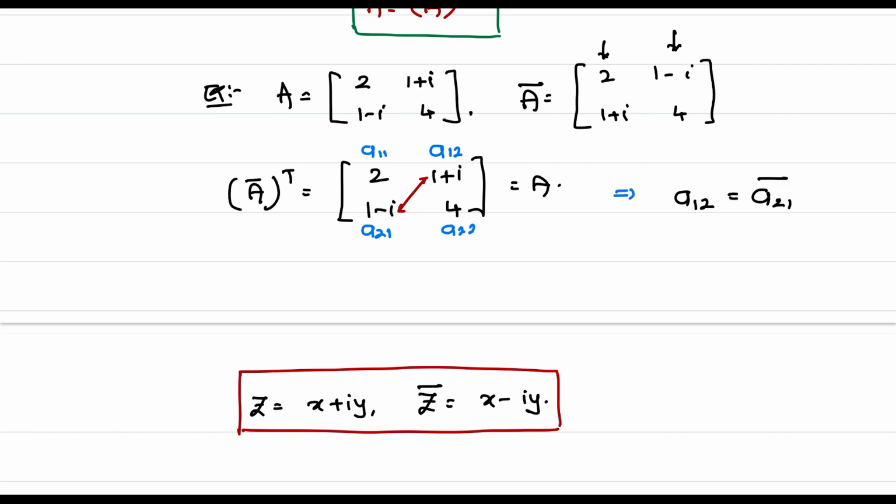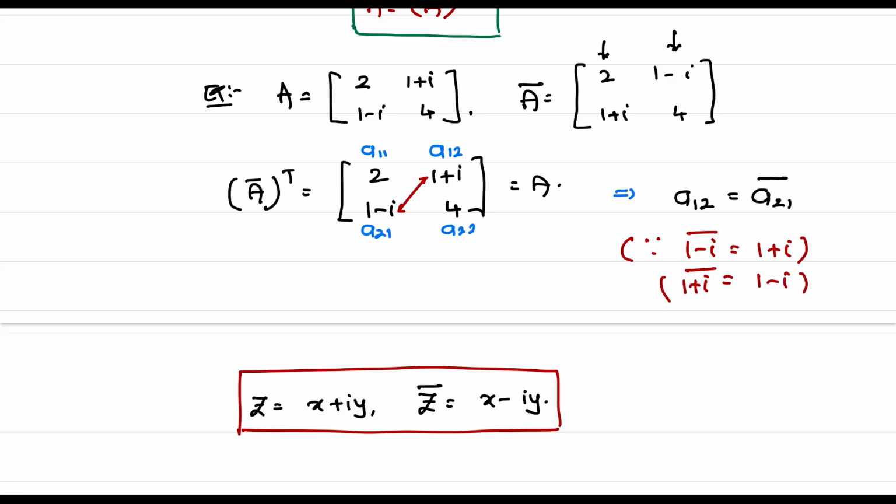Conjugate of 1 minus i is 1 plus i, or conjugate of 1 plus i is 1 minus i.